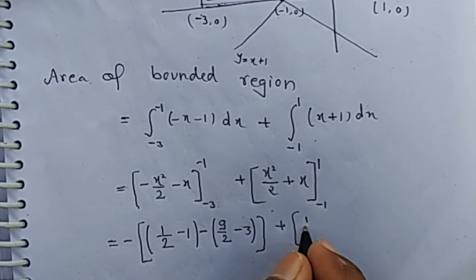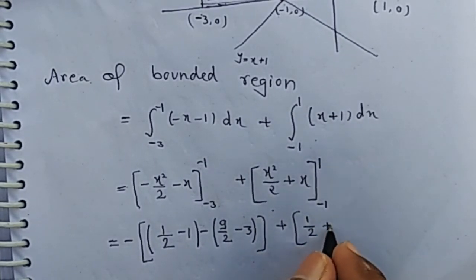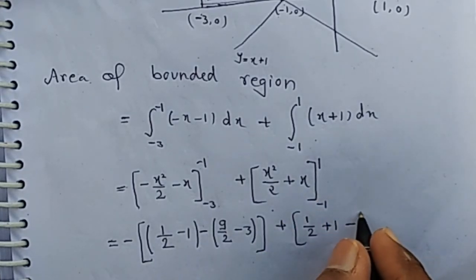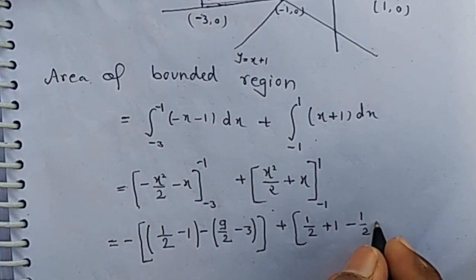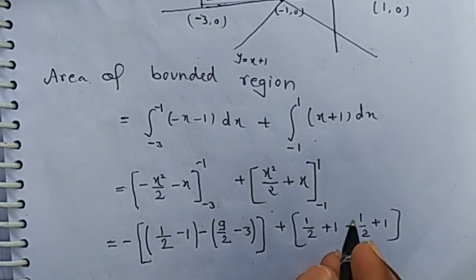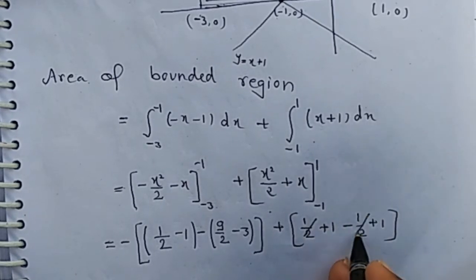It is 1/2 plus 1 minus 1/2 plus 1. Now the 1/2 cancels out.